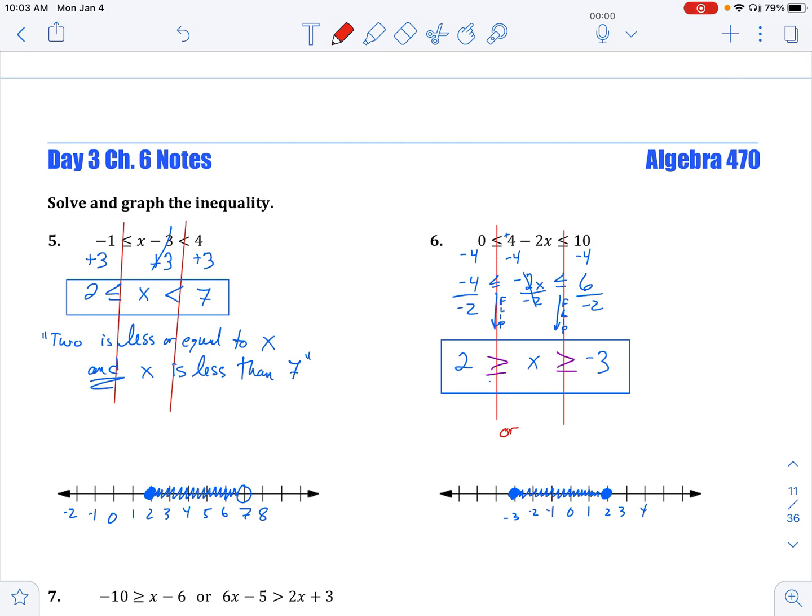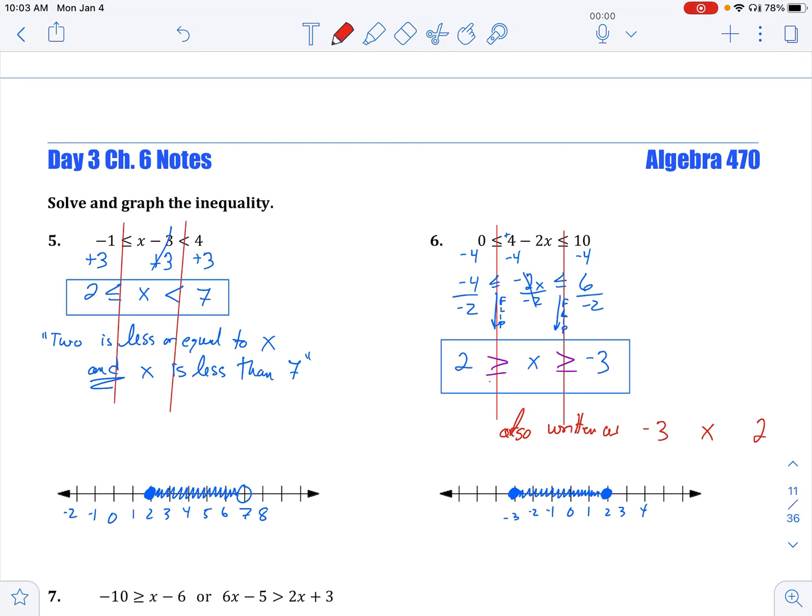Please note that this is equivalent. So I'm going to say, maybe I'll use the word also written as, if I put x here, small number of -3 on the left, large number of 2 on the right. If I read this from right to left, we have -3. Again, when I said reading it from the right, -3 is less than or equal to x, and x is less than or equal to 2.